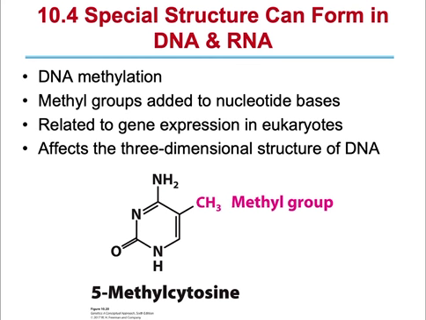Why eukaryotic organisms differ so widely in methylation isn't really clear. So 5-methylcytosine is just a modified form of cytosine containing a methyl group at one of the ring positions. Now you might wonder, okay, so what? Why do we care? 5-methylcytosine can serve as a marker for the binding of certain proteins to DNA.